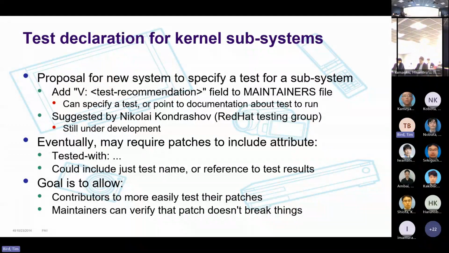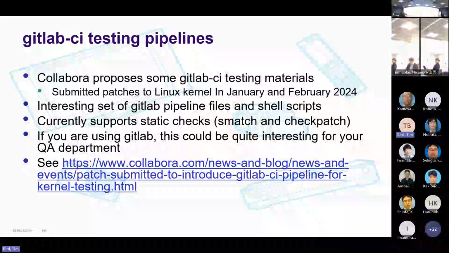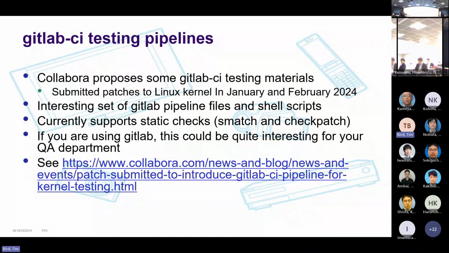So that's one thing. The other thing that was just submitted was GitLab CI testing pipelines. Collabora has submitted some patches to the Linux kernel that have some GitLab CI pipelines, consisting of YAML files and shell scripts.